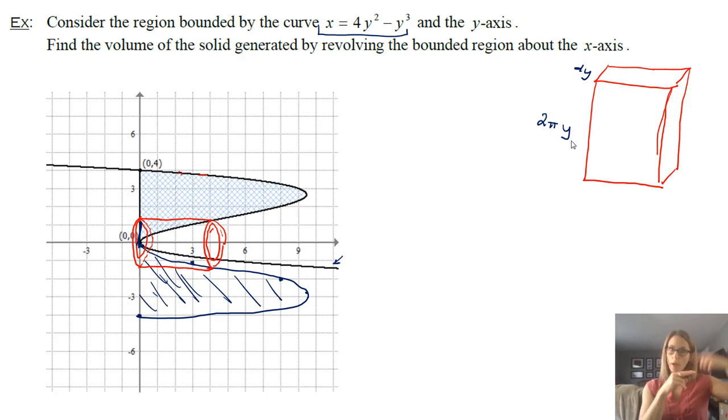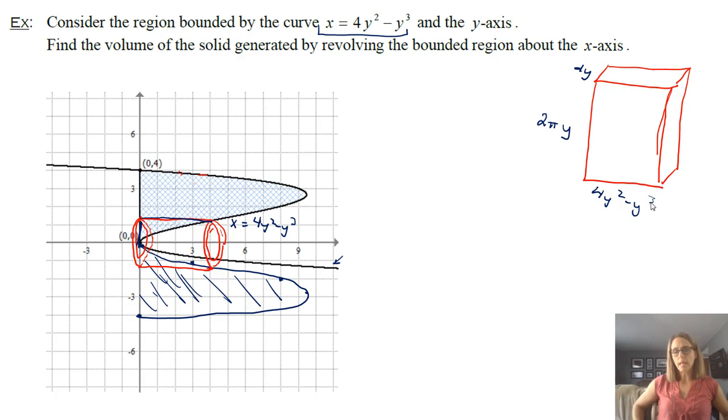Circumference is 2 pi r, so it's 2 pi y. And then going from here out to here is just where that curve sits. We know that that x value is equal to 4y squared minus y cubed because it's on that curve. And that's why this distance here is 4y squared minus y cubed.